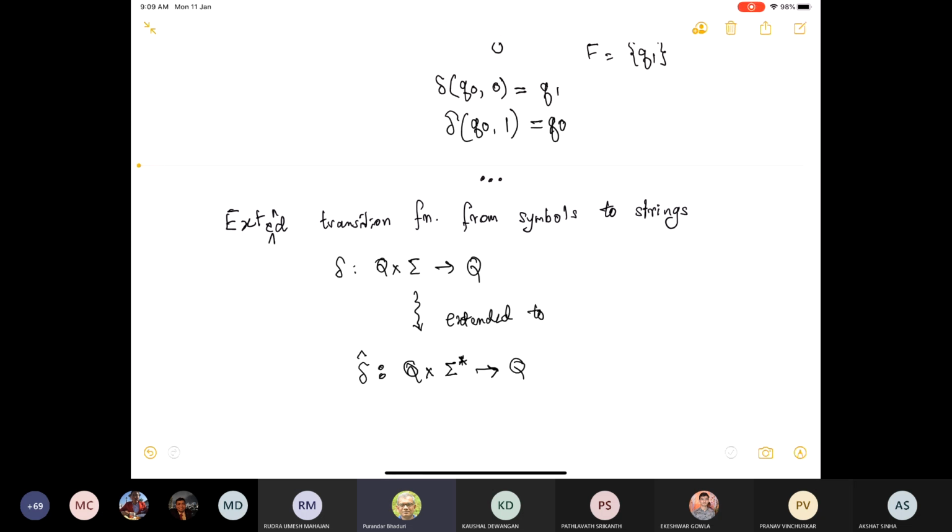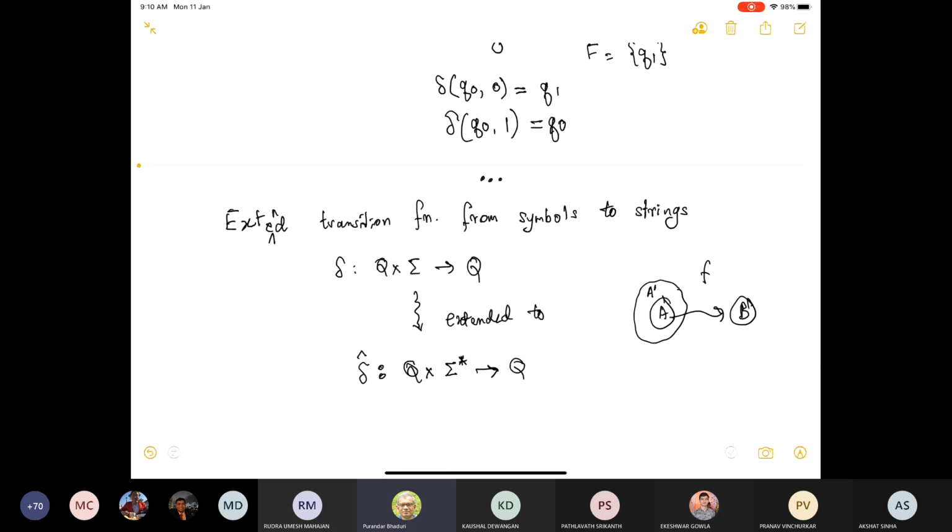What do we mean by an extension? Suppose f is a function from the set A to the set B. It is some function. What is an extension of f? Well, its domain is a bigger set than A, say A dash.